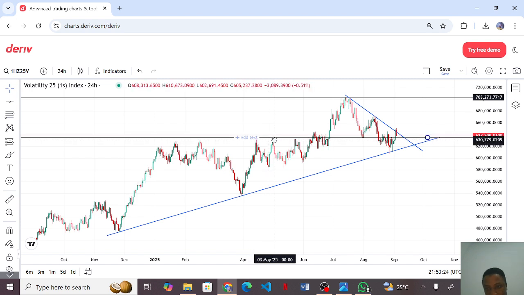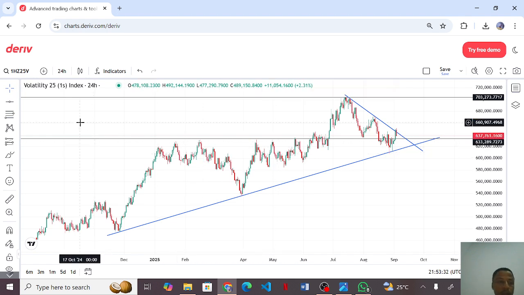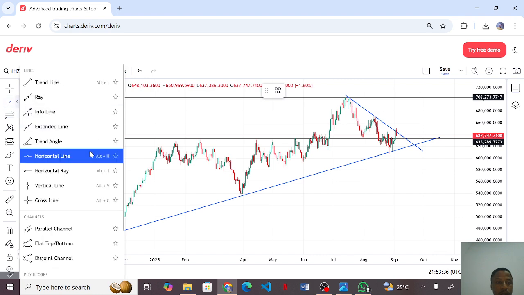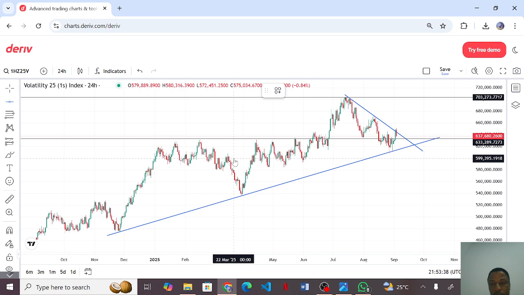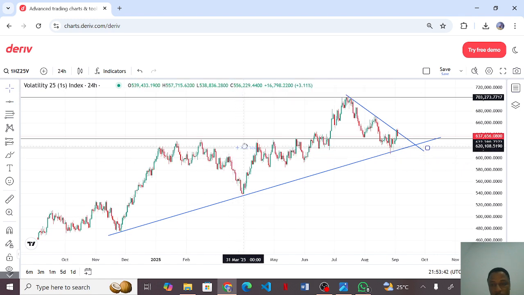Expecting the market to react from this part. And then we're also expecting the market to react within that part we have marked in this part.